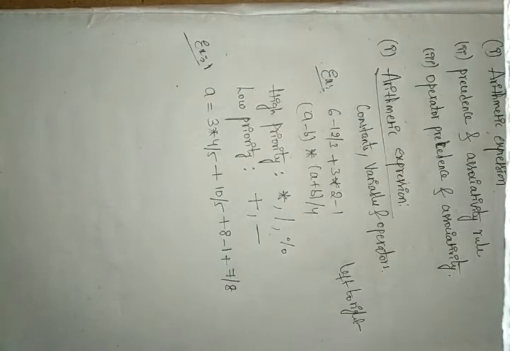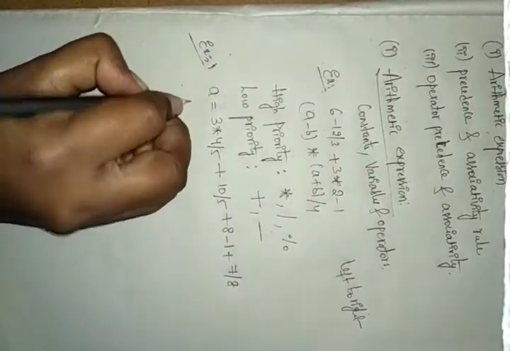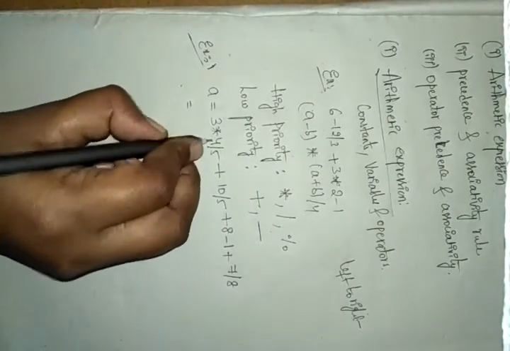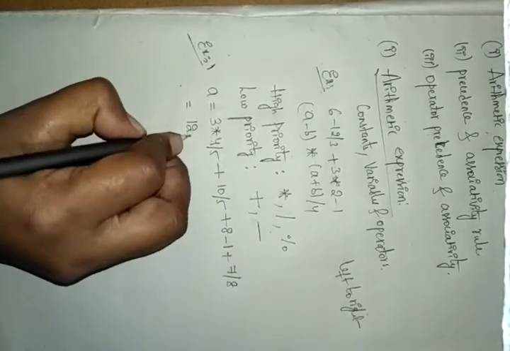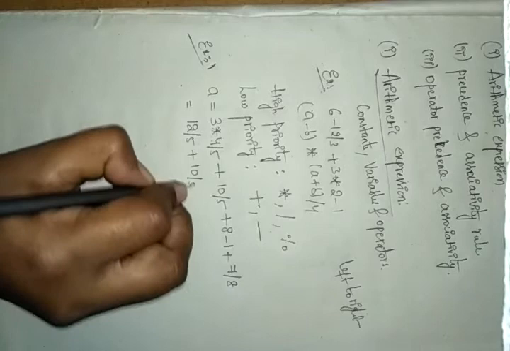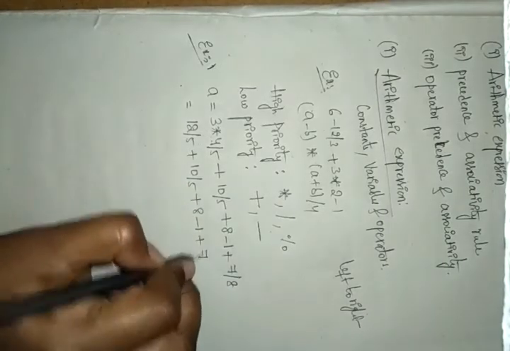First we need to perform the highest priorities. In the highest priority we have multiplication first, so we perform 3 into 4, which gives 12 by 5 plus 10 by 5 plus 8 minus 1 plus 7 by 8.